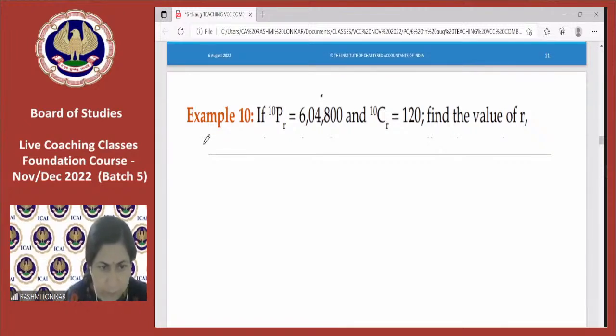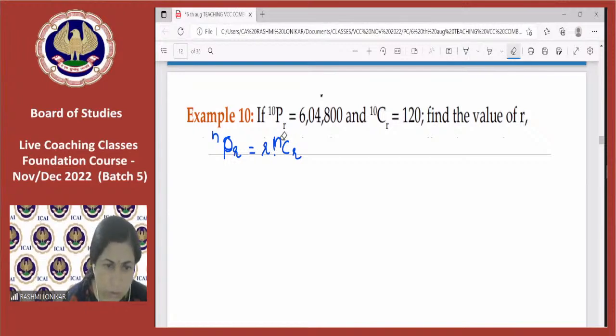Next sum is 10PR is equal to this. What is the relationship between permutations and combination? I know that NPR is equal to R factorial into NCR.